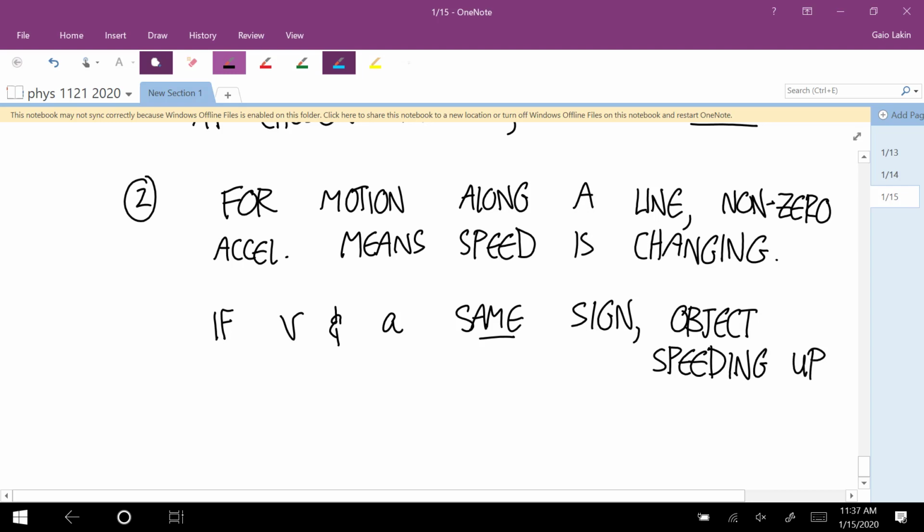Which direction is it speeding up? Well, you can get that from the sign of the velocity. So if they're both negative, it means the object's moving in the negative direction and speeding up. If they're both positive, it means it's moving in the positive direction and speeding up.